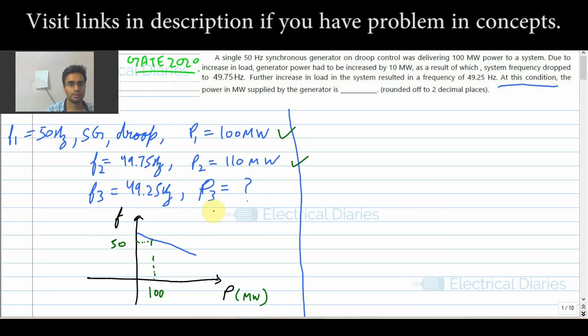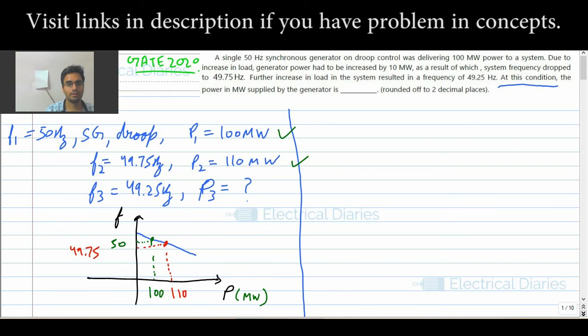Another point is given to us as 110 megawatts, and this time the frequency is decreased, and frequency is 49.75. So these 2 points are given to us. Now he is asking us to find the P3 for this much frequency.